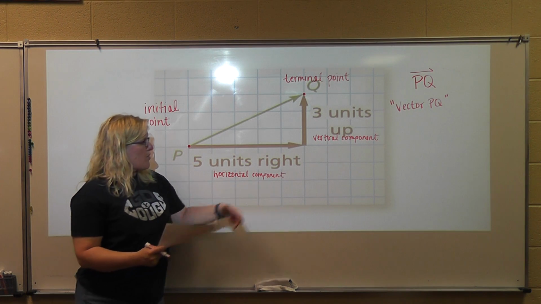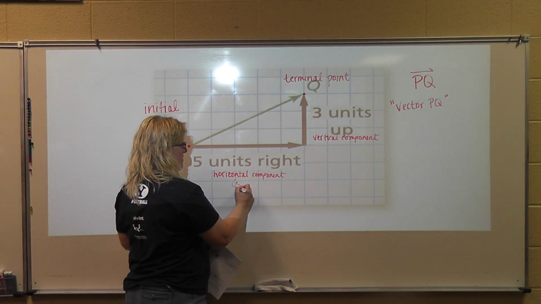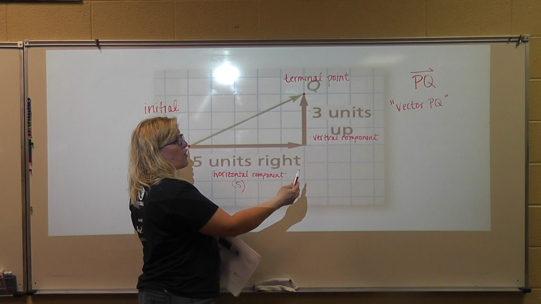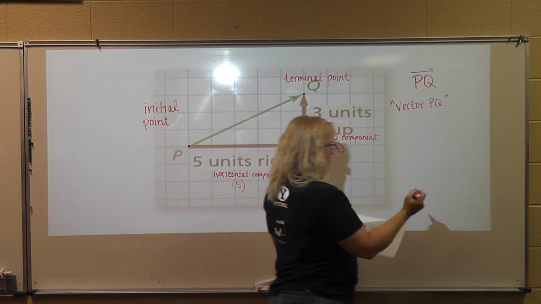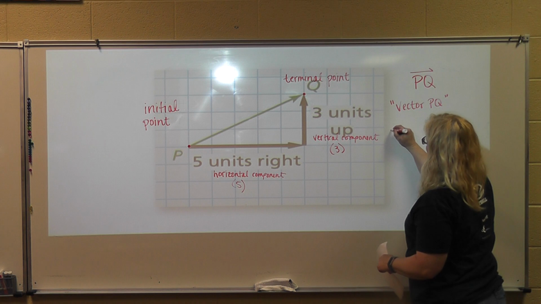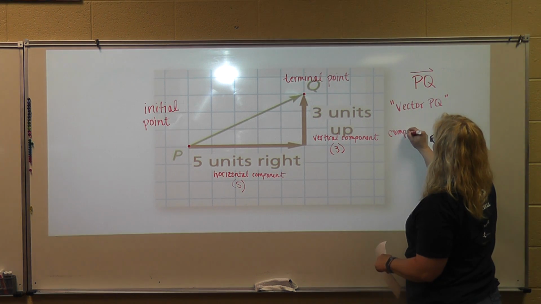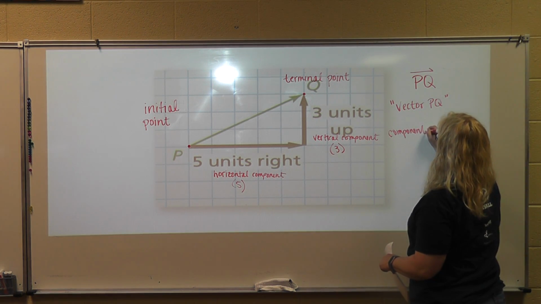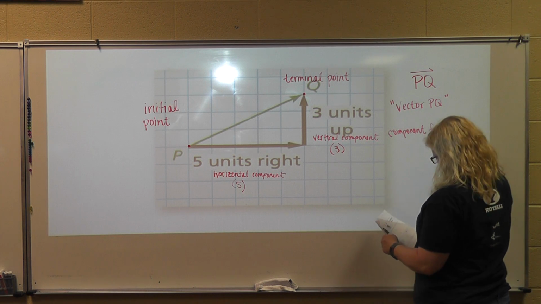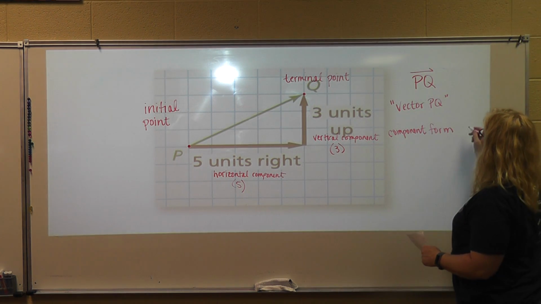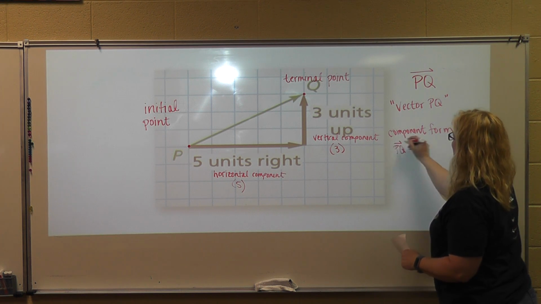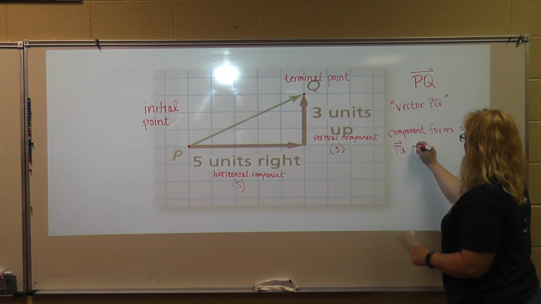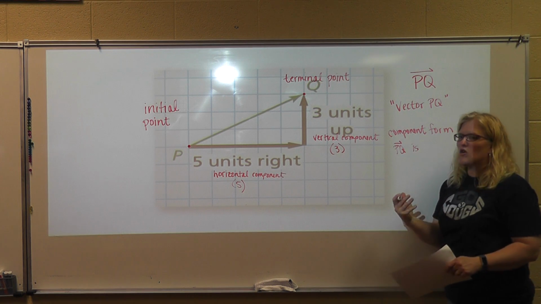So horizontal component is 5. And our vertical component, 3 units up, so it's positive, is 3. And when we write this in component form, so the component form of PQ is going to look like a coordinate.